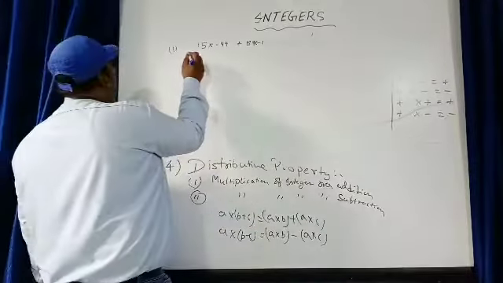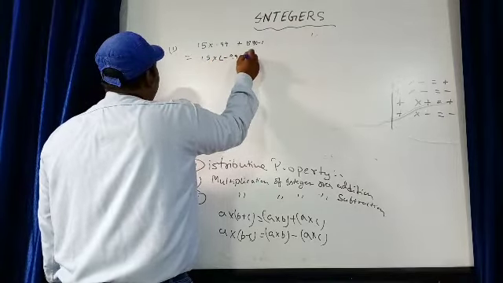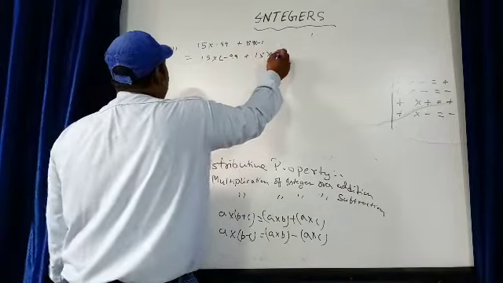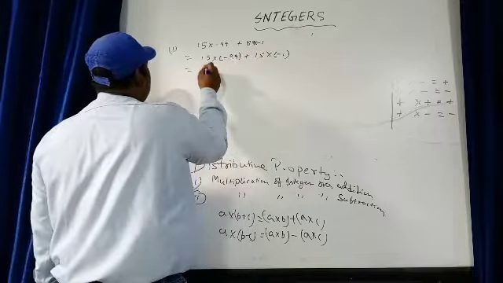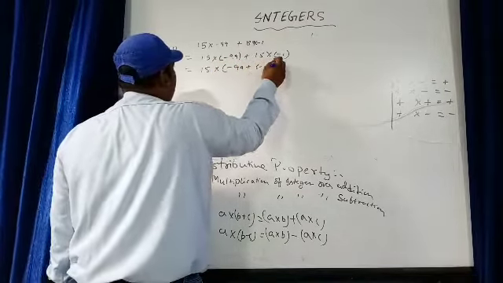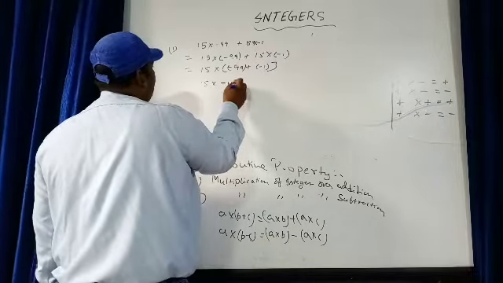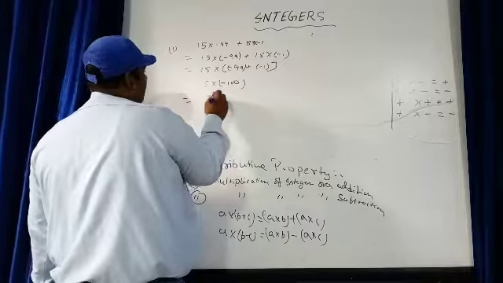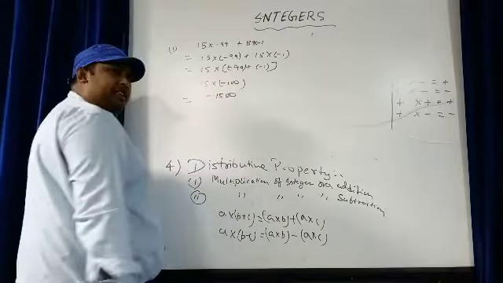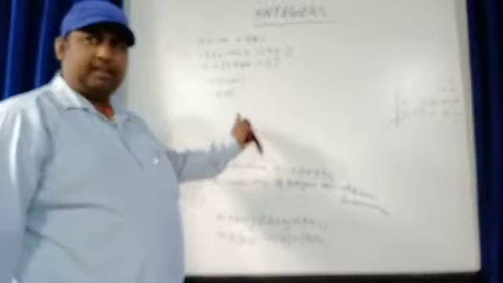Now look here, how we can use it. Take 15 common: 15 × (minus 99 + minus 1). What will you get? 15 × minus 100, that will be minus 1500. Very easy. We do not need to multiply anywhere. Directly we will get our answer.